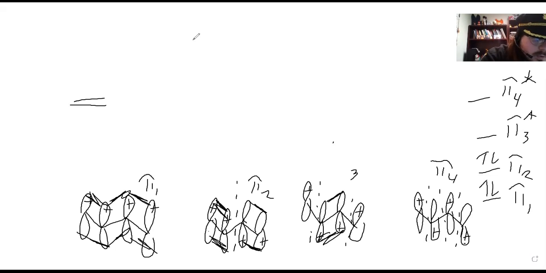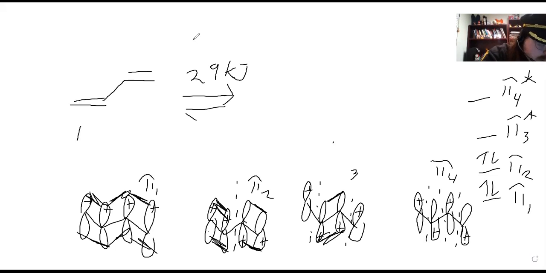The trans is 12 kilojoules more stable than the cis, but it could undergo a 29 kilojoule interconversion to a cis, if I wrote it down right.